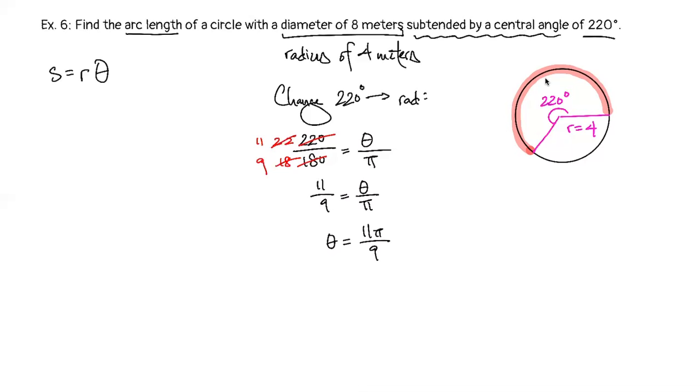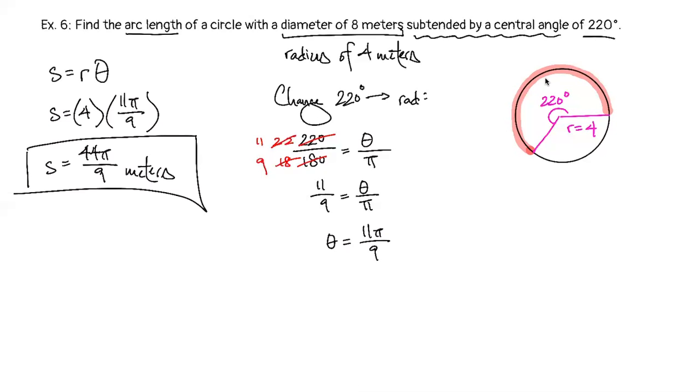This is what goes in for theta, and 4 is what goes in for r. So we get S equals 4 times 11 pi over 9. And if we multiply that out, we'll get an arc length of 44 pi over 9 meters.